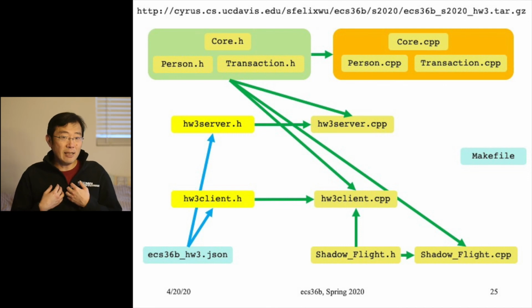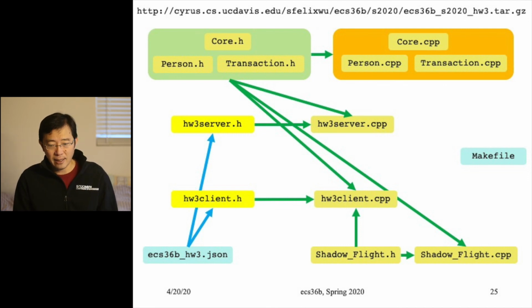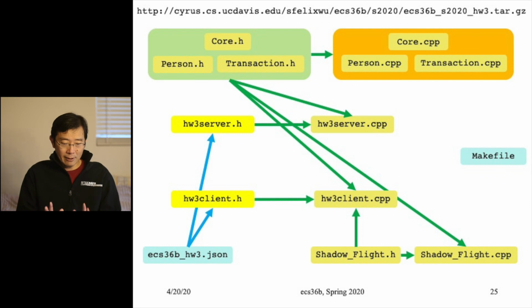I didn't even include those in the package because anything that could be regenerated, I don't want to include. You just type the command, and it will come back to you. Also, you're not supposed to change this JSON file. Okay, that's the blue part.